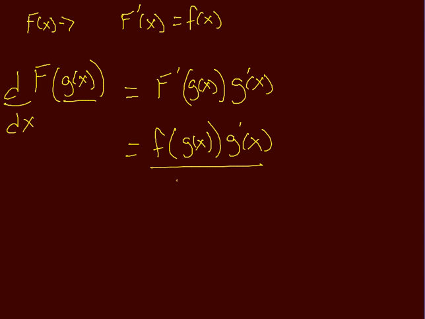Now, this may not seem all that significant. It may just be, well, hey, yeah, that's the chain rule. We've done that already with derivatives. But this little rule here is actually very helpful to us in that we can go backwards.